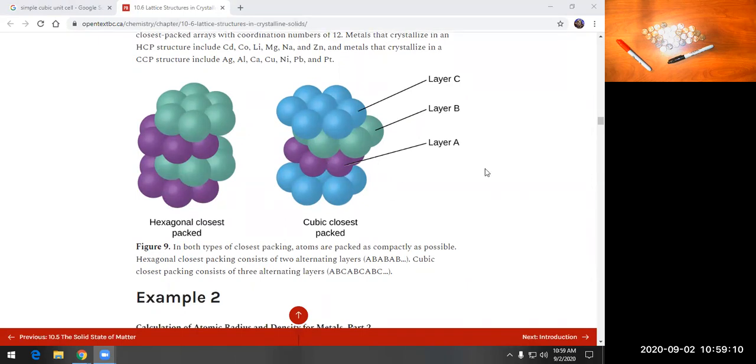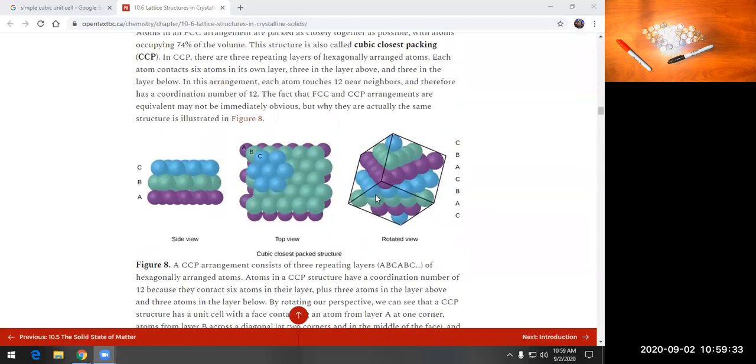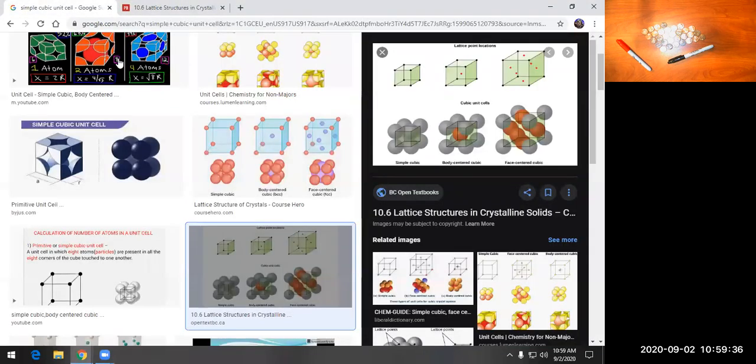I was counting from the bottom, but hopefully you get the idea. Hexagonal is actually the one where it's ABAB. Cubic close packed is the one that's ABC, ABC.